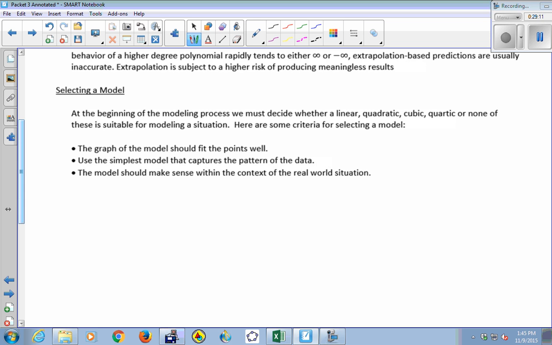So if you have 3 extrema, you want to use a 4th degree, not a 6th degree, right? Use the lowest degree you can to capture the data. And the model should make sense within the context of the real world situation, right? So just like with the women in the workforce example we just did, the end behavior should make sense with what's really happening in the real world.